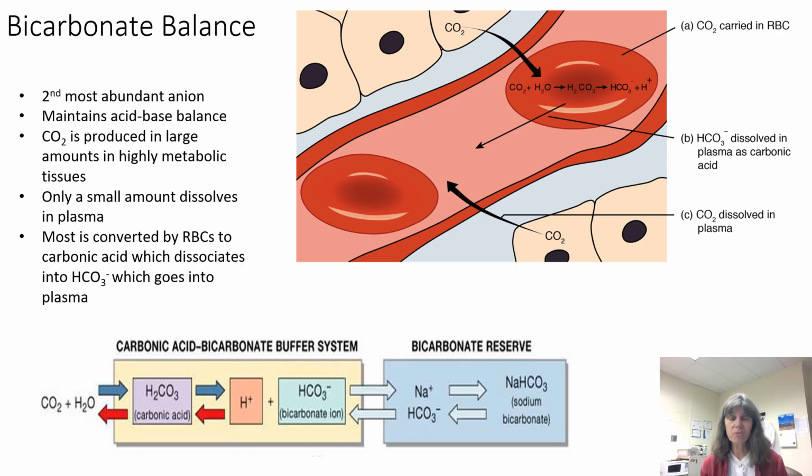So as our highly metabolic cells produce carbon dioxide, that carbon dioxide diffuses from the cells and goes through the interstitial fluid into the bloodstream, and only a small amount of the carbon dioxide will be dissolved in blood plasma. Most of it is going to be converted by erythrocytes to carbonic acid. Carbonic acid will further dissociate into bicarbonate, and the bicarbonate is going to travel in blood plasma.